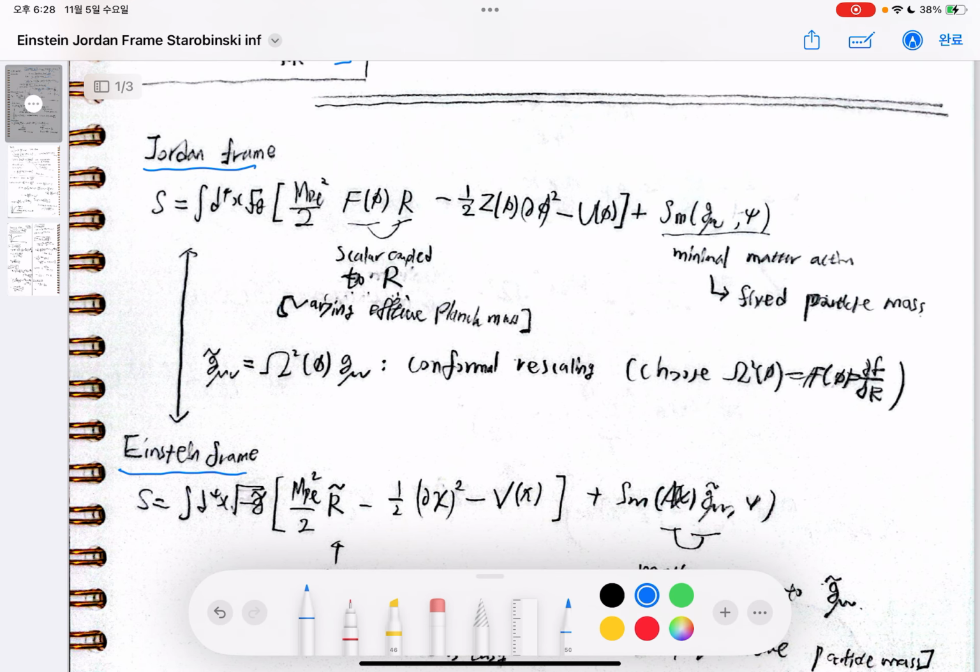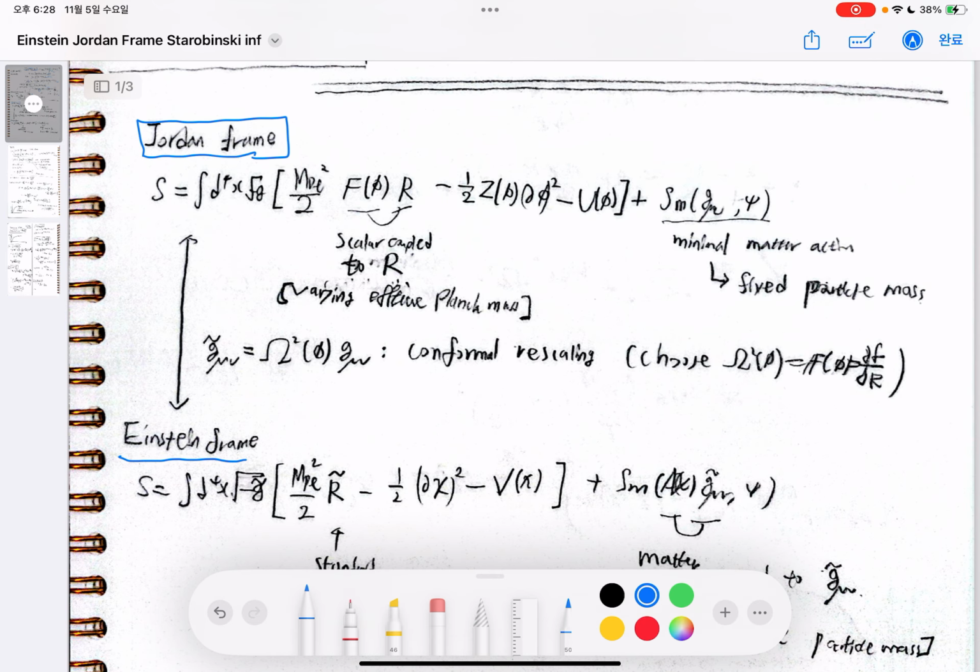In the Jordan frame, the Hilbert action part is complicated, in the form of f(R) gravity. Some specific scalar field φ is coupled to the gravity term R. This makes the effective Planck mass, this term, vary over time.